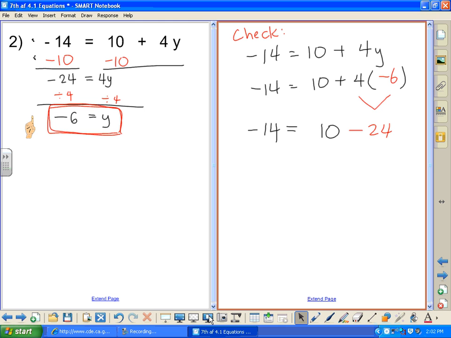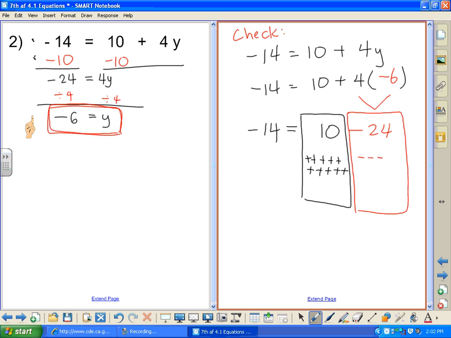And how do I figure this out? Well, in this portion here, in this box, I've got 10 positives. Okay? In this box here, I've got 24 negatives. 1, 2, 3, 4, 5, 6, 7, 8, 9, 10, 11, 12, 13, 14, 15, 16, 17, 18, 19, 20, 21, 22, 23, 24. I've got 24 negatives here.